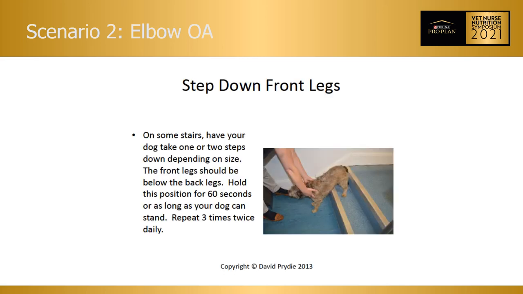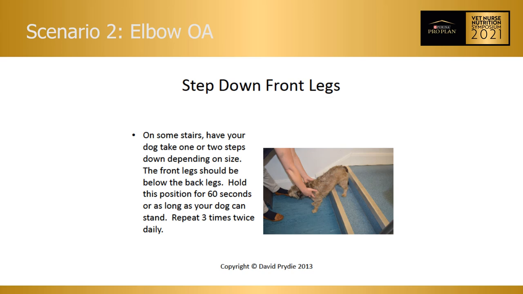Okay, so when we're looking at introducing a home exercise that focuses on weight bearing in the forelegs, in these cases of elbow arthritis, we can introduce one called step down front legs. And the aim is that the dog is placed on some stairs, and it could just be one step or 2 steps depending on the size of the dog, and the back end has to be higher than the front end.